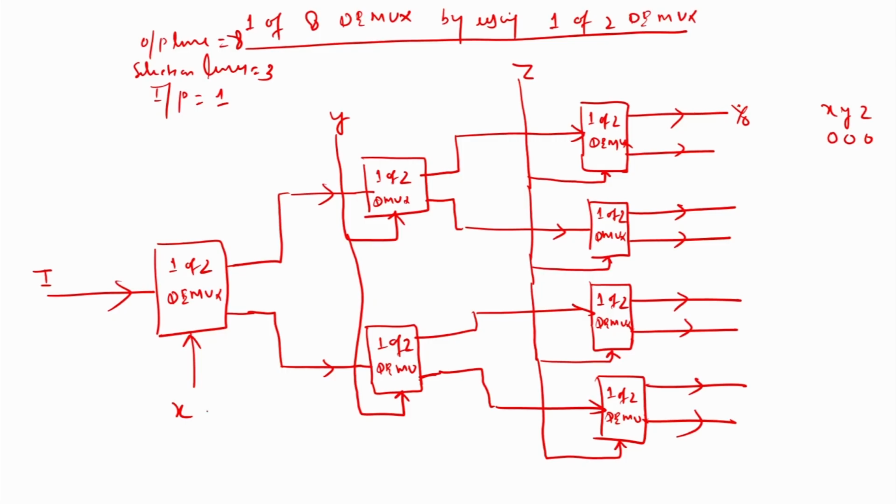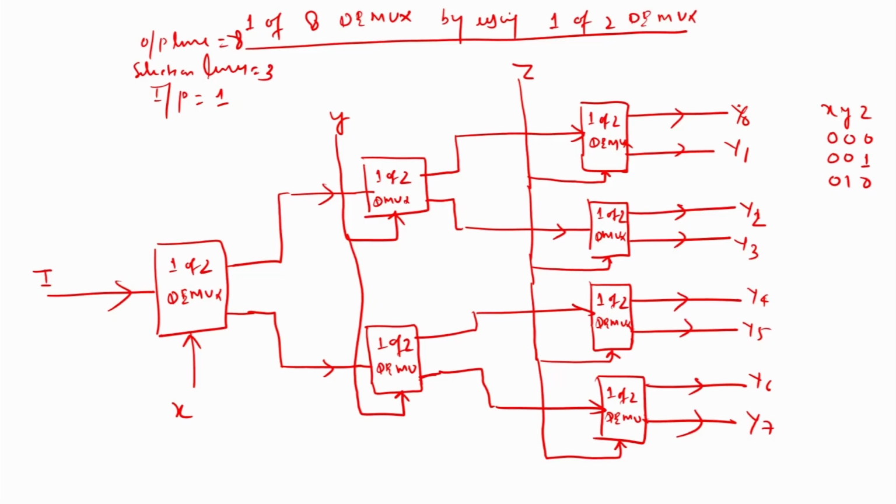Similarly, 0 0 1 selects y 1. Similarly, 0 1 0: when x is 0, this is selected, then y is 1, this means this one is selected, and this is 0, this means this is y 2. Similarly, y 3, y 4, y 5, y 6 and y 7.